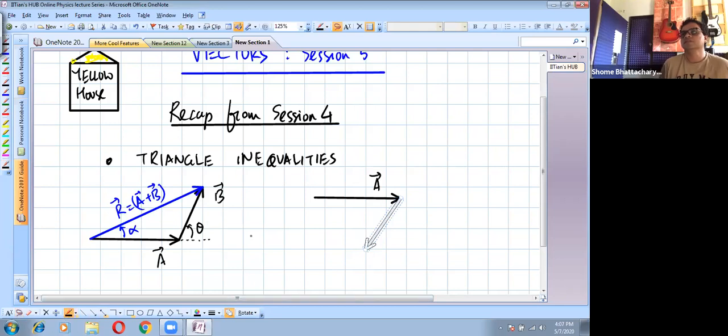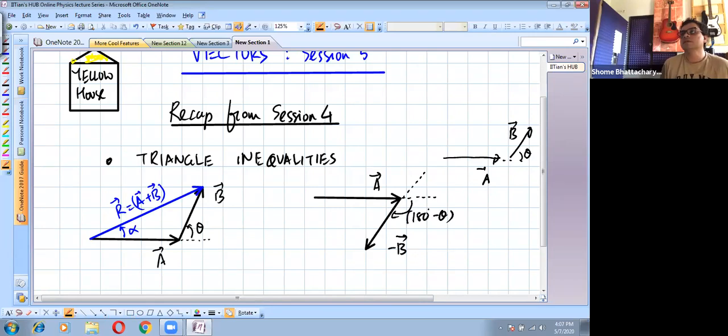So this is the vector which we would call minus B, given that vector A was like this and vector B was like this. So if I am to involve these two vectors in a sum triangle, it would be this triangle, whereas if I am to involve them in a difference triangle, then it would be this one, where the angle between the vector A and negative of the vector B would in fact become this exterior angle, which is 180 minus theta.